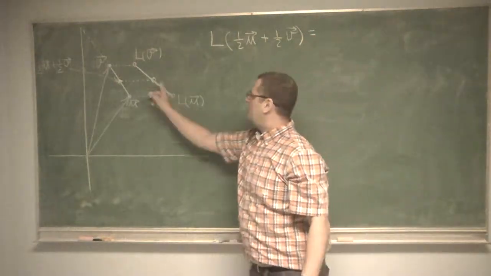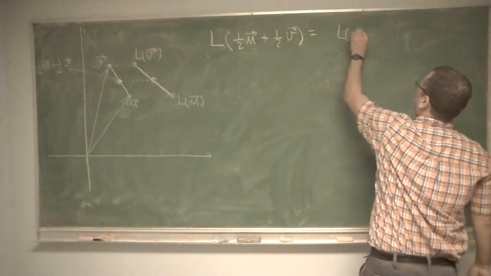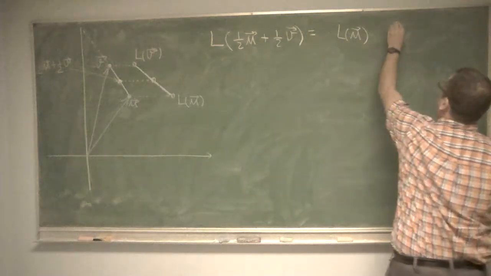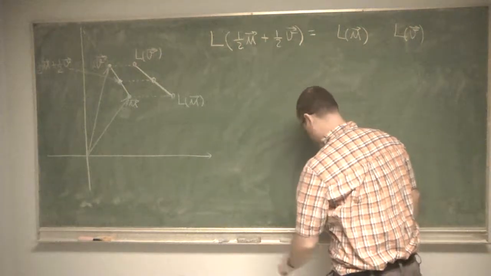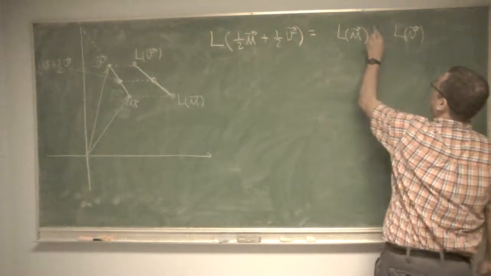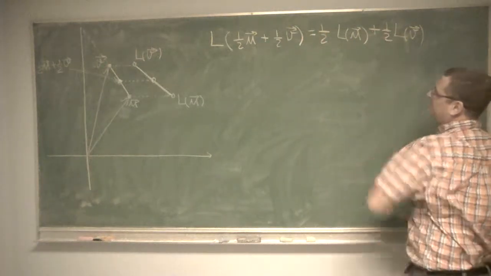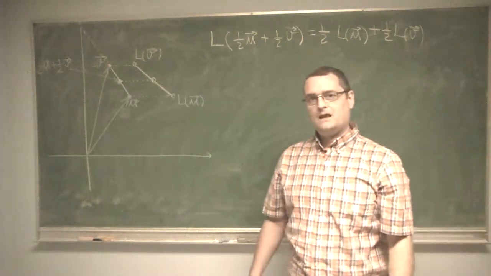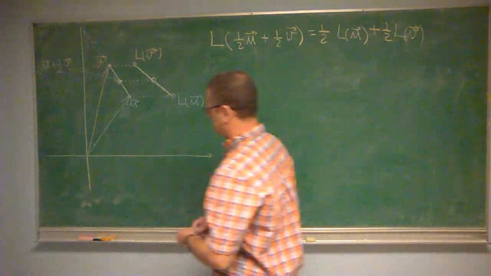It's the midpoint between L of u and L of v. So I have L of u and L of v, and I need to take the average of them. Well, that's actually 1/2 of L of u plus 1/2 of L of v. Okay? Also, a similar thing works for other points.